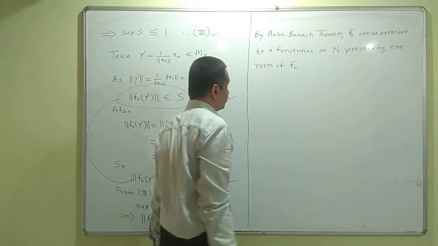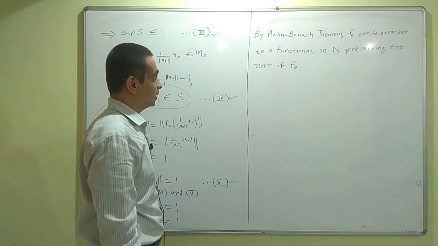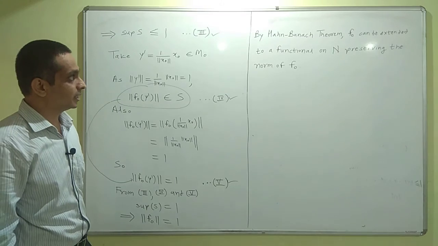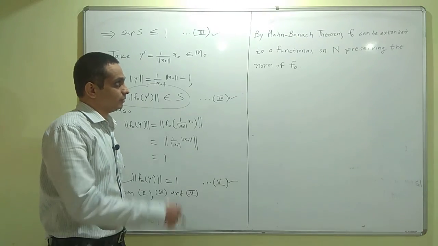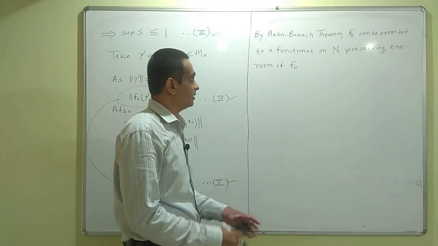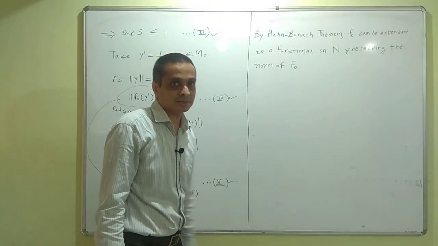So that extension we may call f1, and that will be the required function. Or let us extend f0 to itself and call the extension itself f0. That will give us the required function.